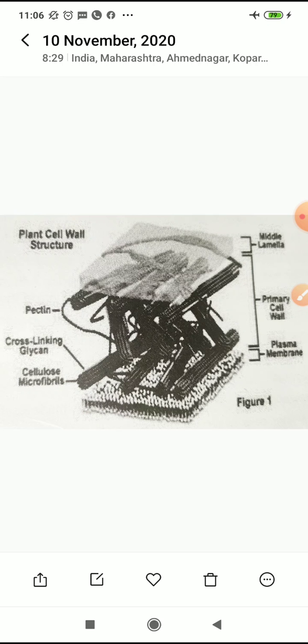Thus, one can say cell wall serves as storage for respiratory substrates like carbohydrates. Cell wall also works for signaling. Fragments of wall called oligosaccharides act as hormones.